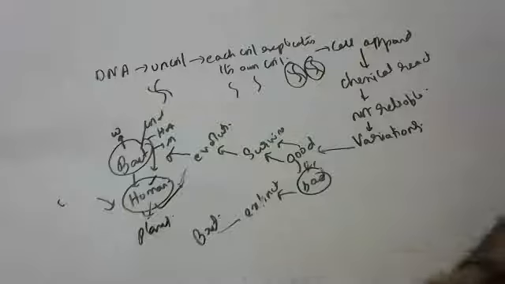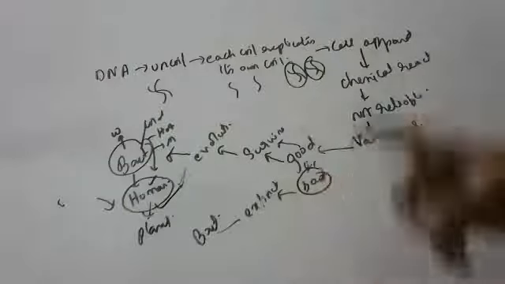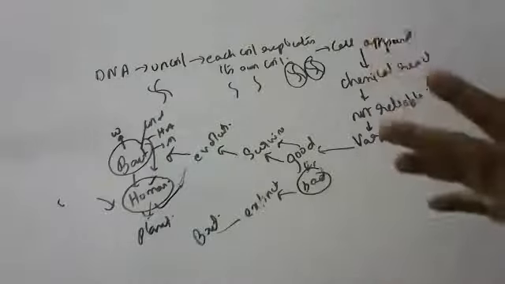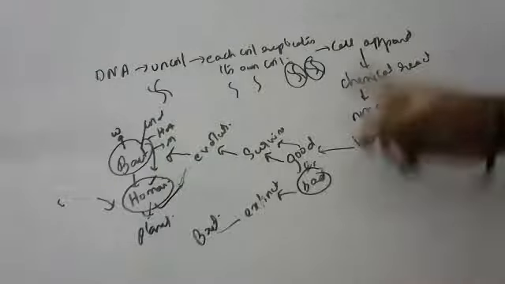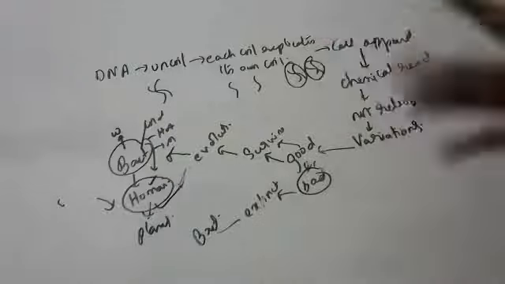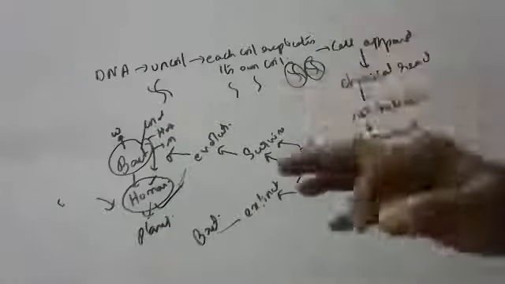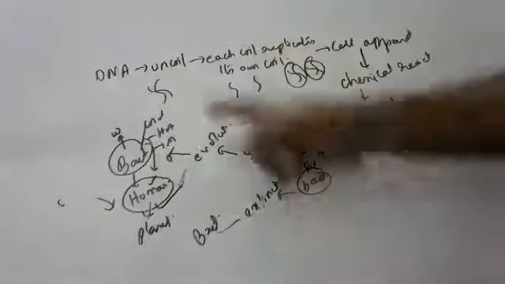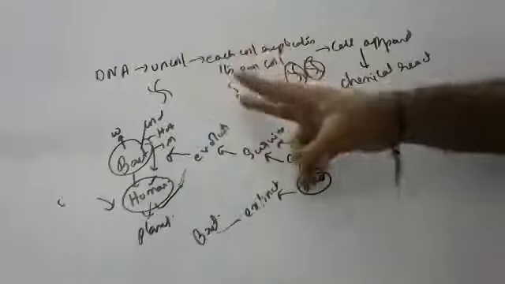Why do variations occur? Because of DNA recombinations. They will ask this in the exam. Slowly I will say everything again. Listen, children. The importance of variation, you should write this answer. When a cell is about to divide, DNA will separate like this.